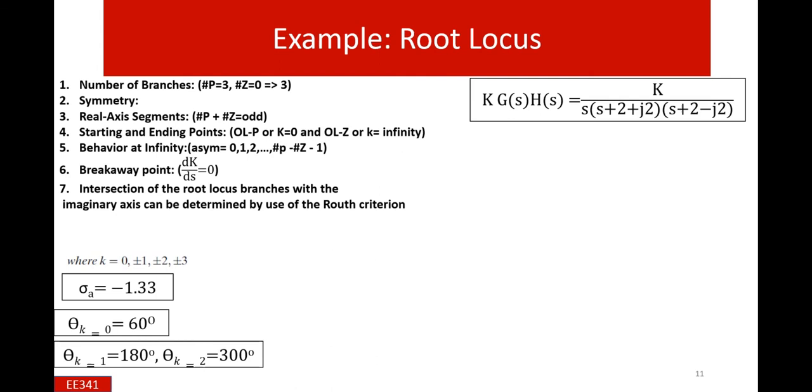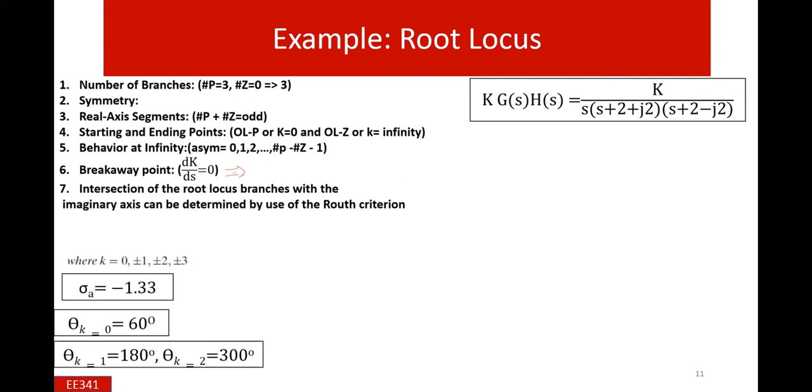So we covered the 6 points, or rules, or ways to find the root locus. And in the last point we solved the equation dk by ds of the characteristic equation, and we found that there is no breakaway point, because there is no real axis point for that situation, when the open loop transfer function is given like this one.